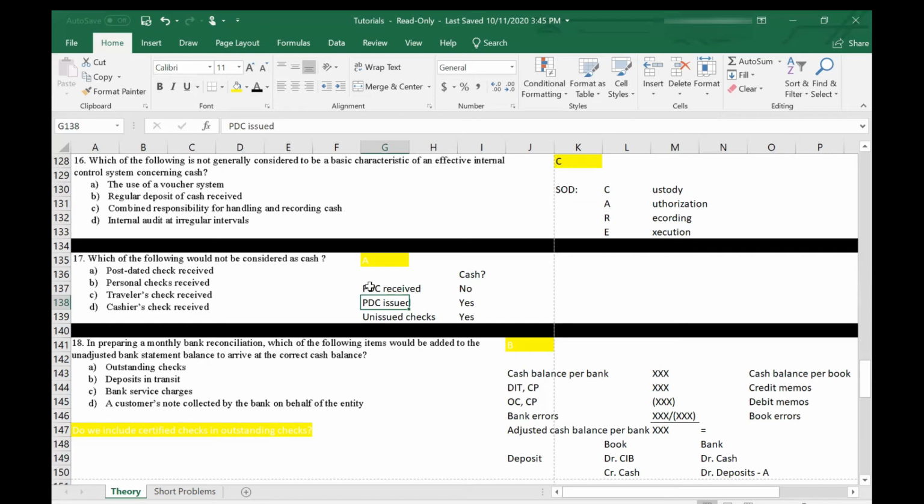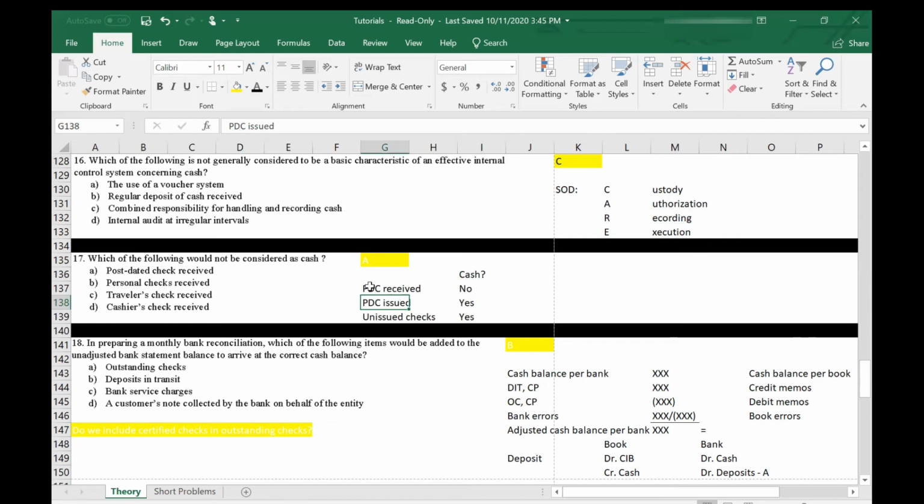How about unissued checks or undelivered checks? For example, today is November 10, and the date of the check is November 10. But I haven't delivered or issued the check yet. Can I consider the check as my cash item?